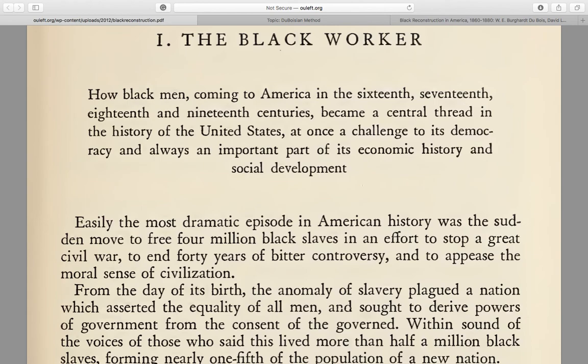So the emphasis on workers, right? Specifically what workers can do is of great historical interest to Du Bois.